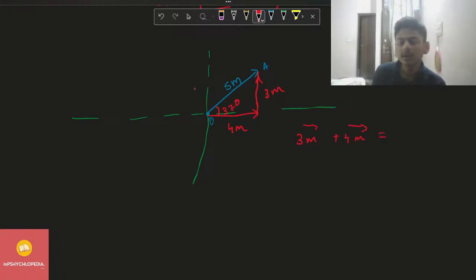So this is not the correct representation, but just for the sake of your understanding, I am saying all these things. So 3 meter plus 4 meter vector, when we use vector form of addition, this will be equal to this, right?